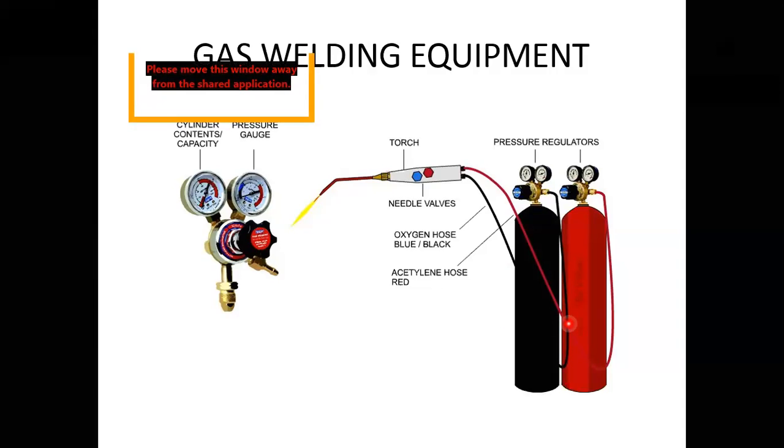If acetylene and oxygen are in the same proportion, 50% acetylene, 50% oxygen, we are going to get a neutral flame. These flames we can easily identify. In the next sketches, I will show how to identify.